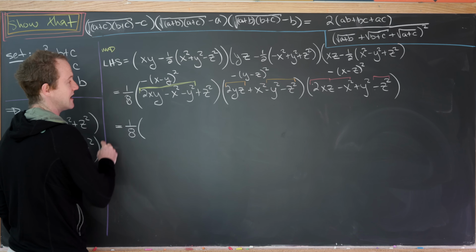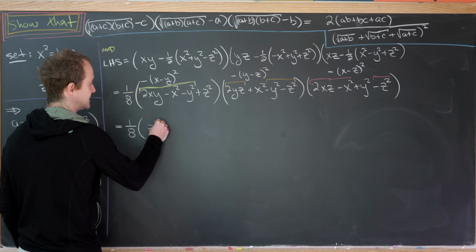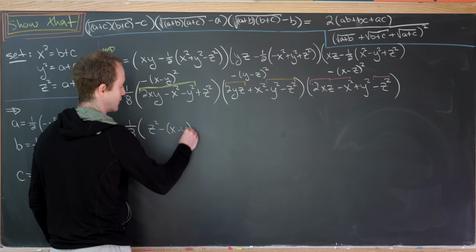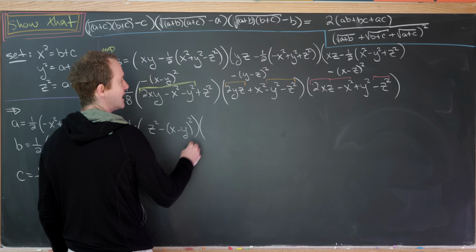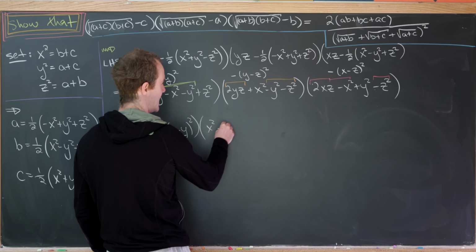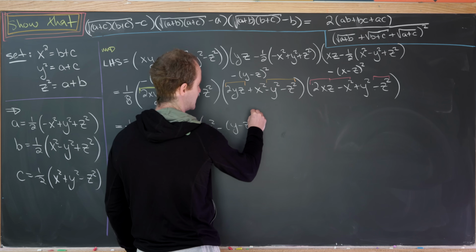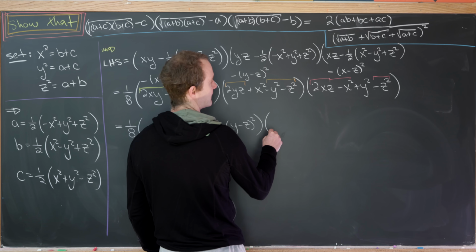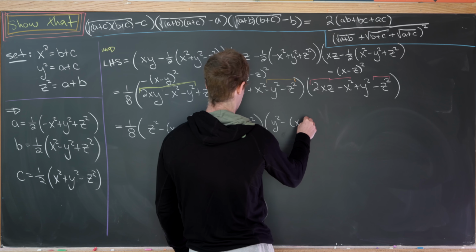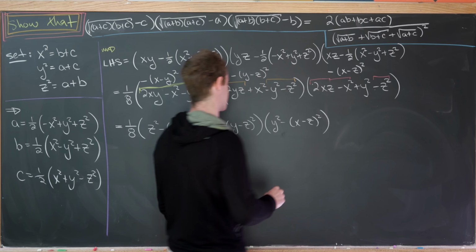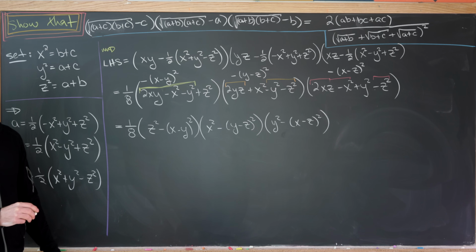We've got an eighth, and then we'll be left with z squared minus (x minus y) squared. And then here we have x squared minus (x minus z) squared. And then finally we have y squared minus (x minus z) squared. So this is shaping up.